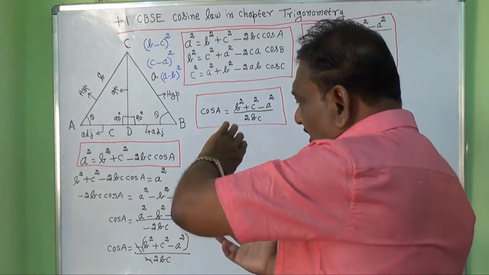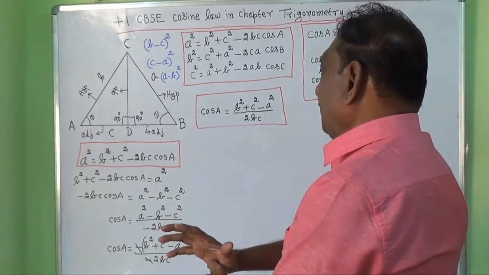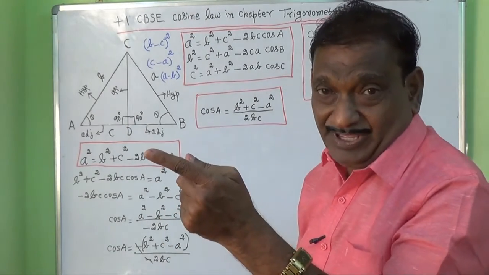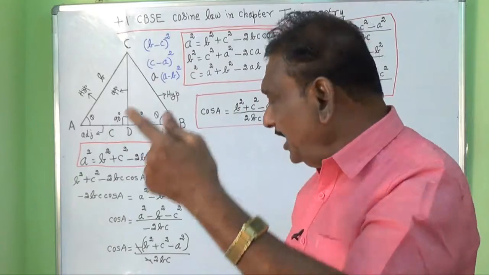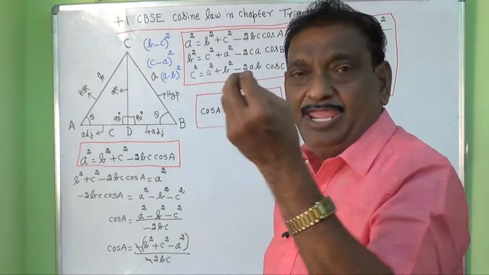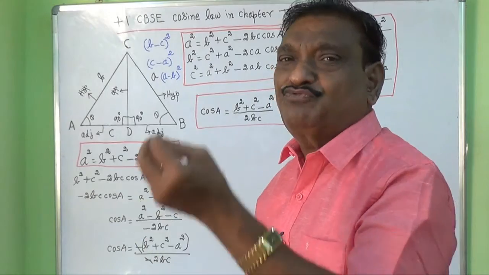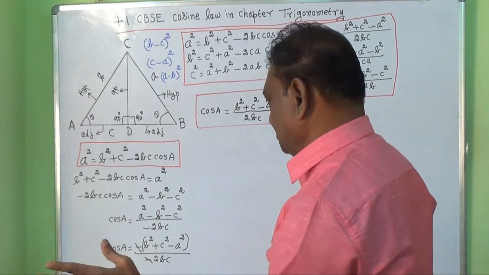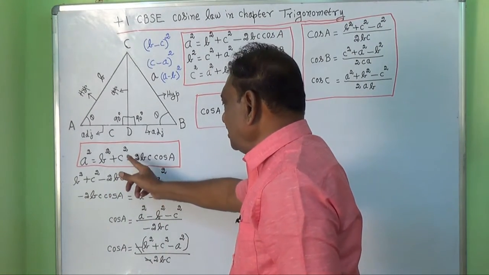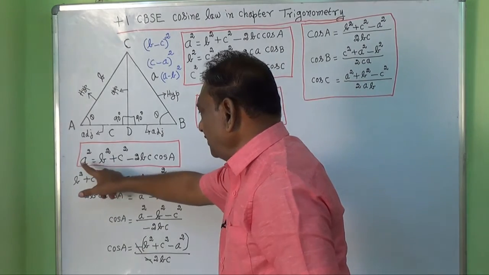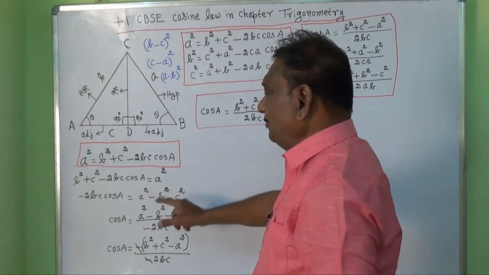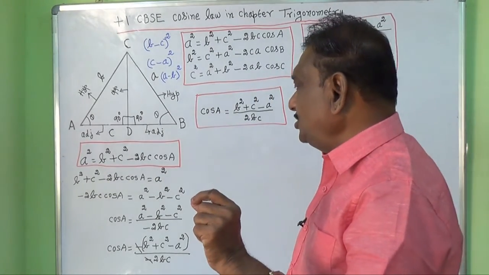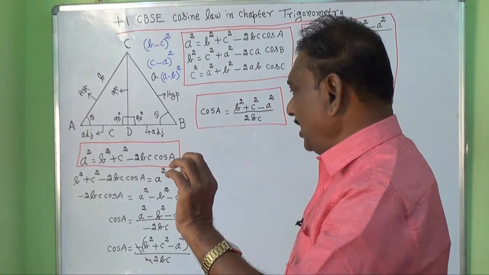So if we interchange the sides, we will get the cos A in the left hand side. If the cos A is placed in the left hand side, it will be convenient for us to find it, so we are going to interchange the sides. The right side is written as left side and the left side is written as the right side. Thereby we are getting b square plus c square minus 2bc cos A equal to a square.